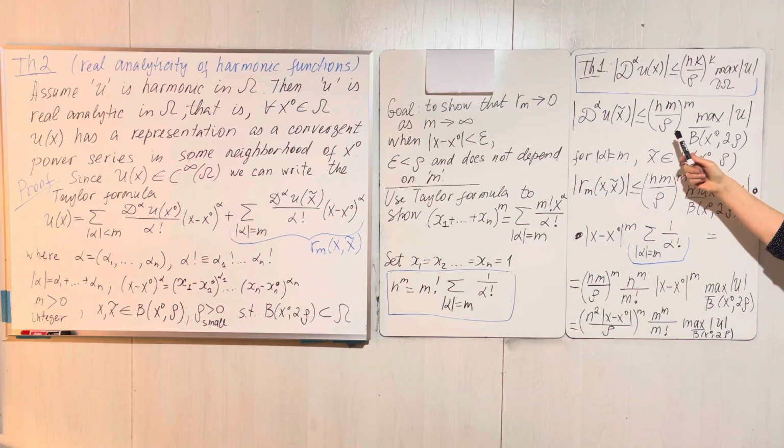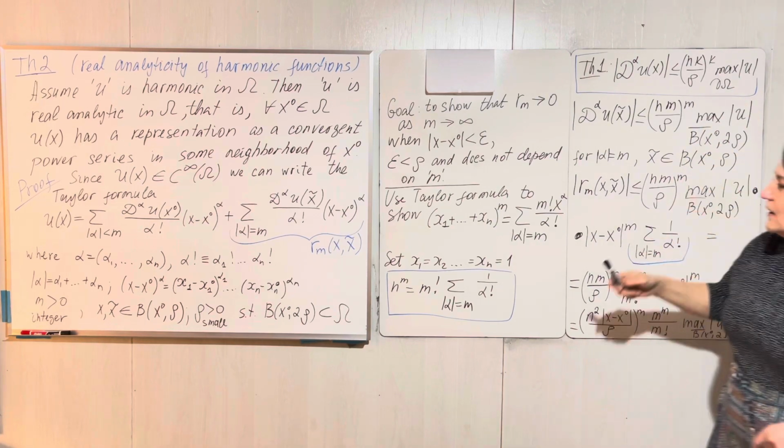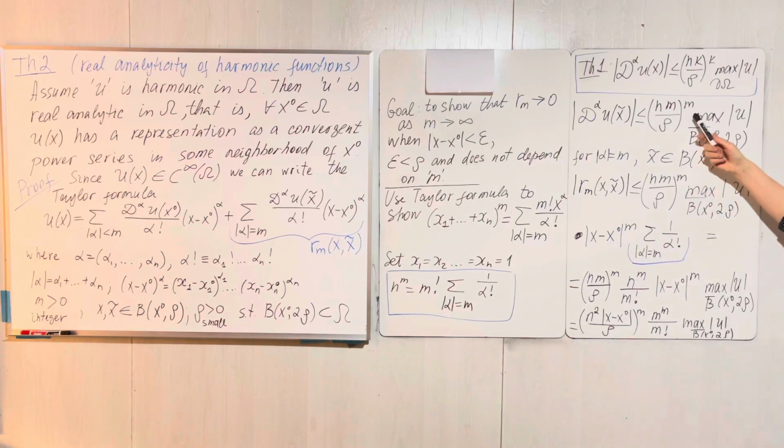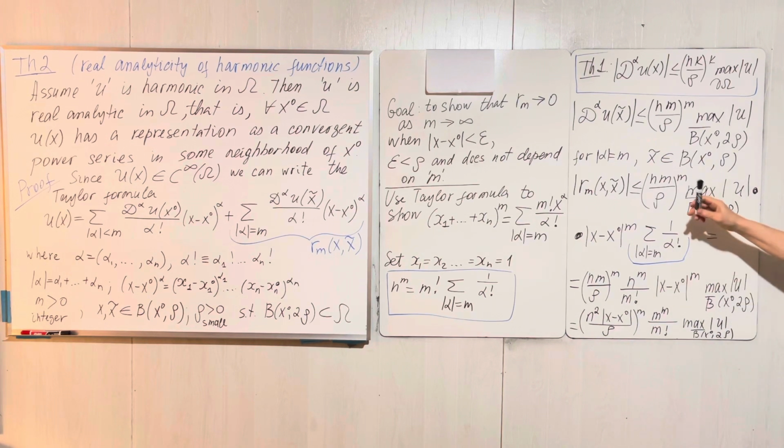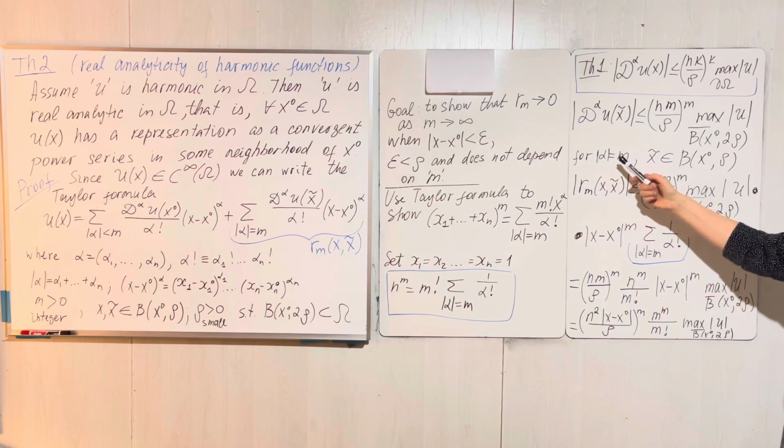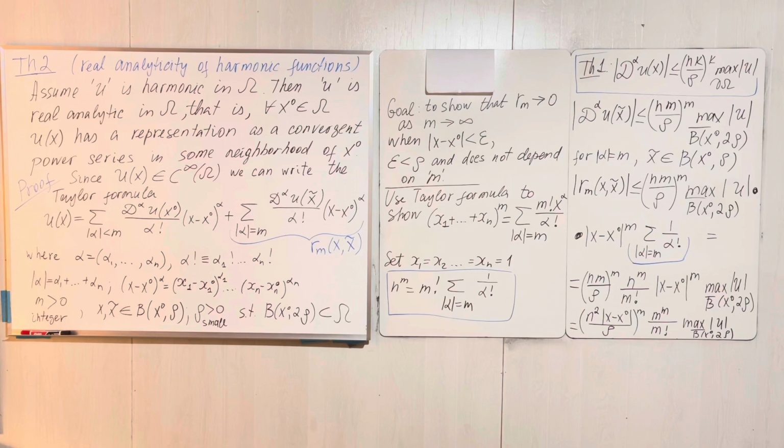So now, instead of k in theorem 1, we have m, so we replace it with m, and we can write that maximum of u is taken within the closure of the ball centered at x0 of radius rho, and that would be for order of alpha equals m, and x tilde in the ball of radius rho.